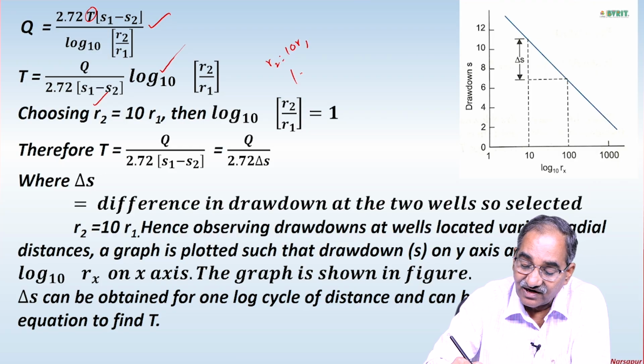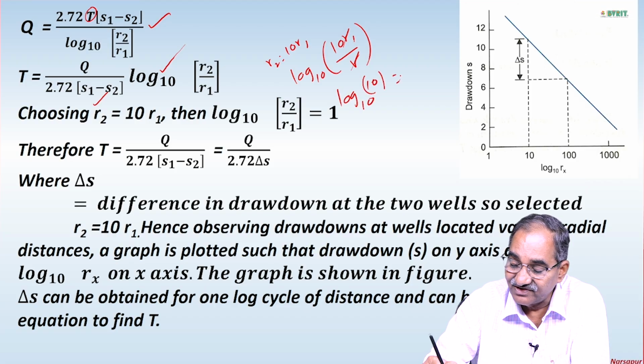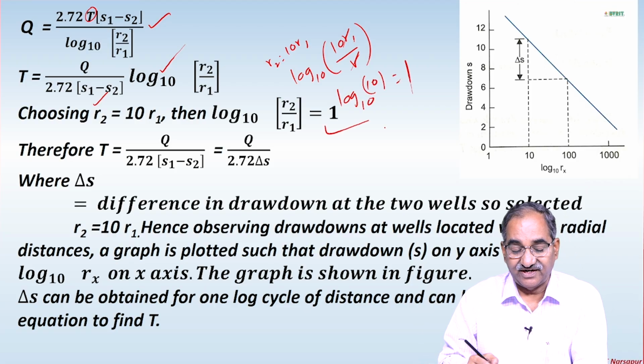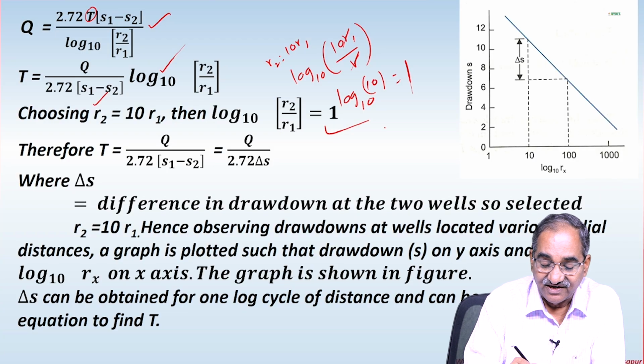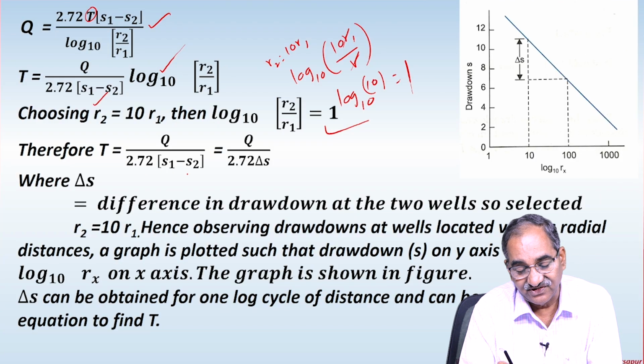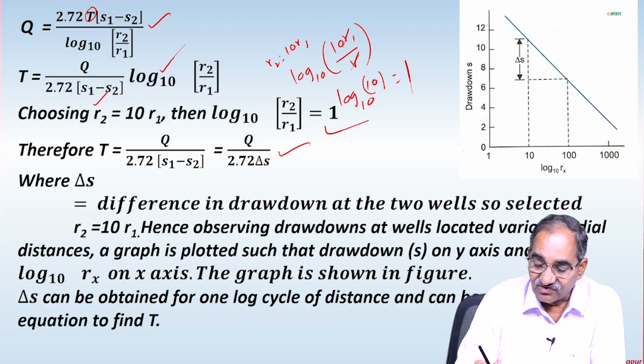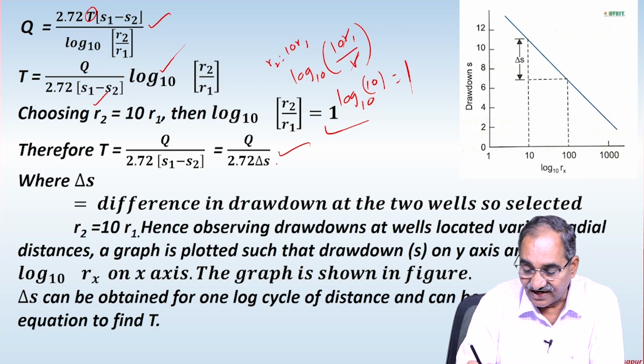Therefore log to base 10 of R2 by R1, with R1 cancelling, is log 10 to base 10, which is equal to 1. That's what I have written here. So in such a case, T is equal to Q by 2.72 into S1 minus S2 into 1, which is nothing but Q by 2.72 into delta S.